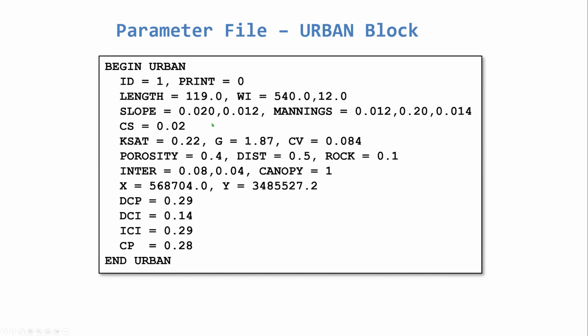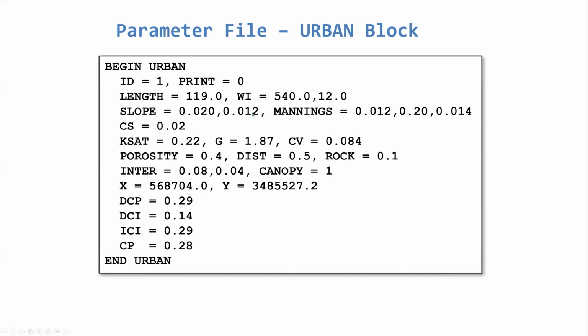And then you've got multiple slopes. This is typically the slope of, let's say, a lot coming in. This would be the slope of the half street channel, and that's across the street.